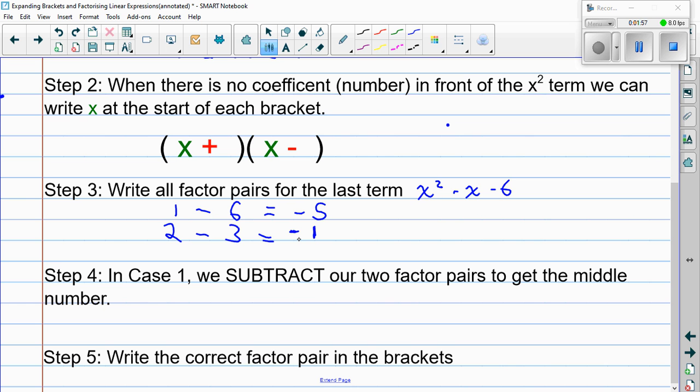So you've got to be careful here, though. This time the order does matter a little bit. So notice we have a +2 and a -3. So we want to have +2 in our brackets and -3. If you so happen to have written the factor pairs, and I'll do this on the right in green, as 6 and 1 and 3 and 2, and you found when you subtracted them that they were 5 and 1, and we know we wanted the negative, we could just switch the signs.